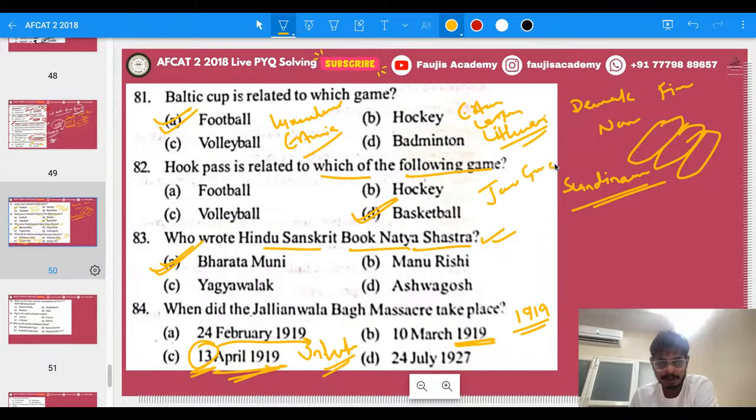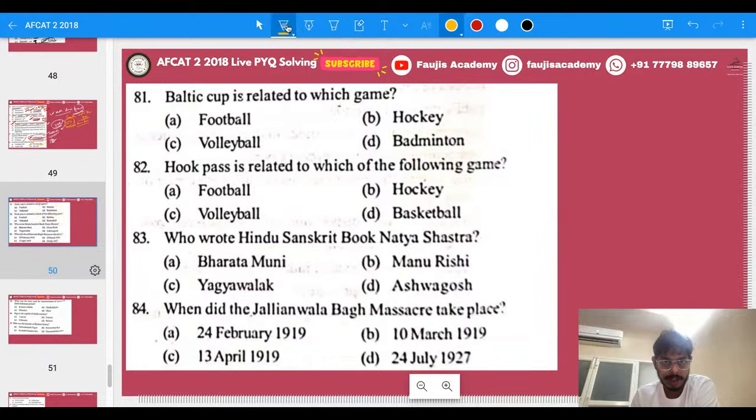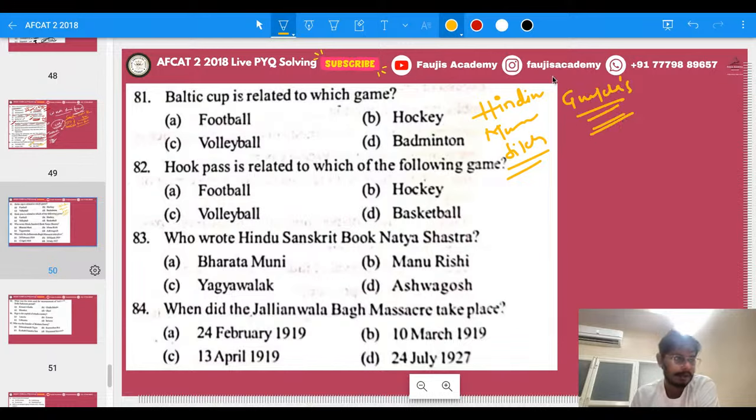The soldiers who were there and eventually fired were Hindus, Muslims, and Sikhs as well. These were the actual soldiers who fired, and they were from the Gurkha battalion.